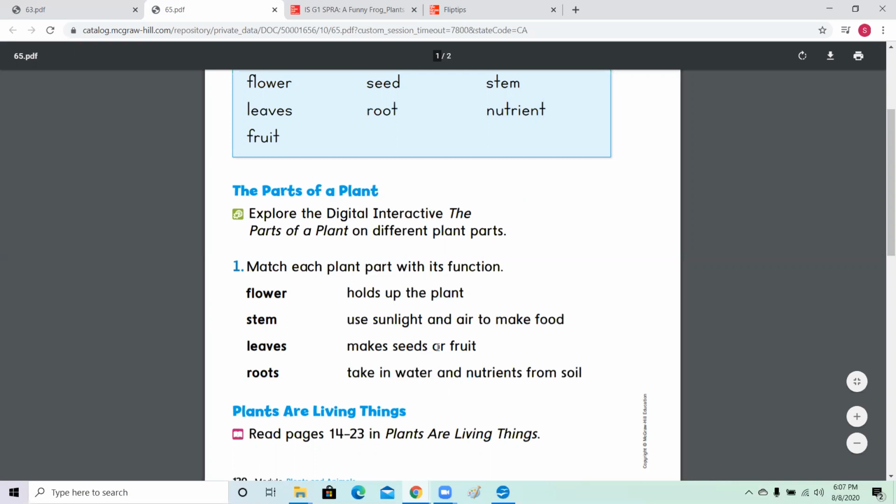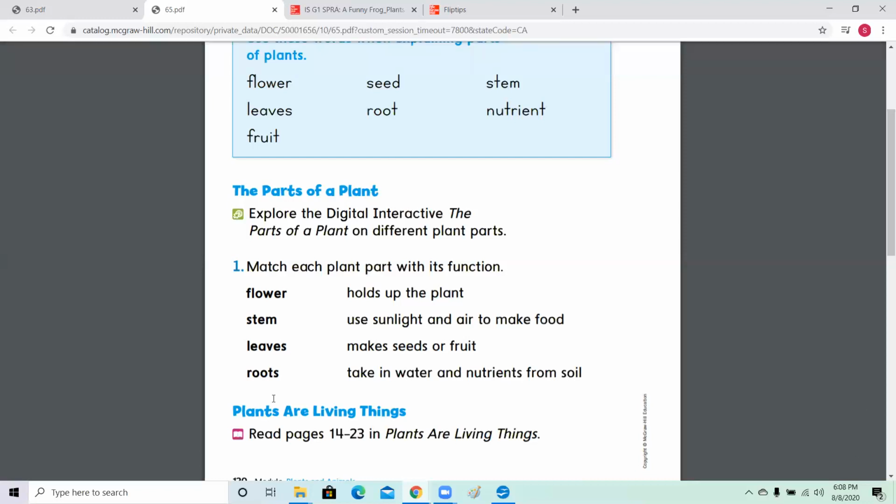Take in water and nutrients from soil. So we have flower, stem, leaves, and roots. I'll give you 60 seconds, 1 minute, and then we're gonna do it together.